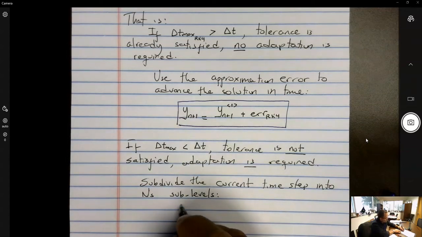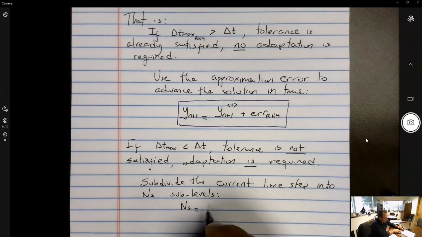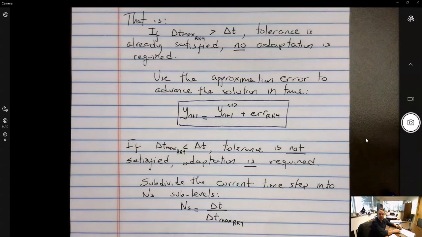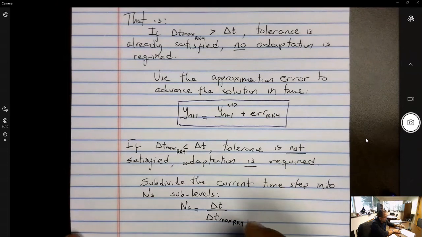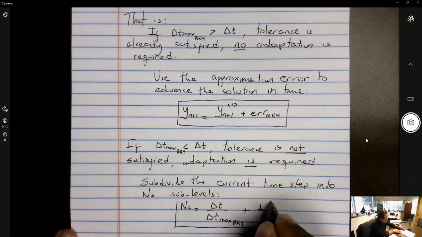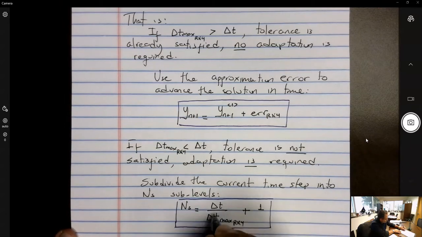So what you're going to say is that I am going to break this up and use ns equal to delta t divided by delta t max of RungeKutta 4. This is a RungeKutta 4, which doesn't have to be. You can do this entire formulation for any other level of approximation. So this is the number of time levels that you are going to require within the time step delta t.